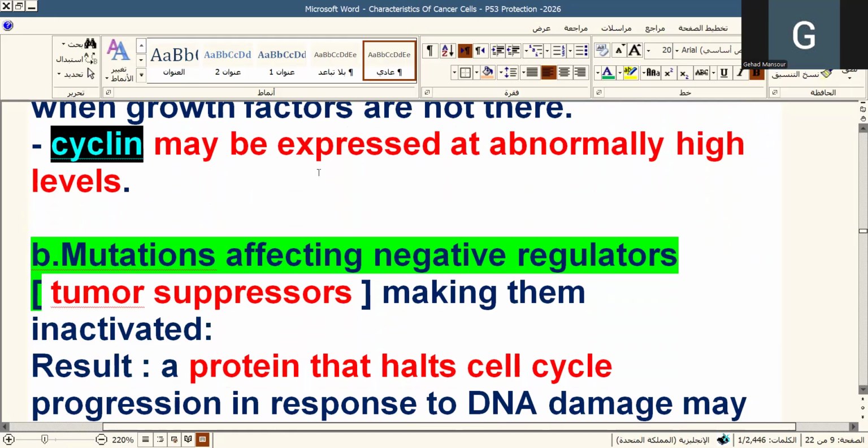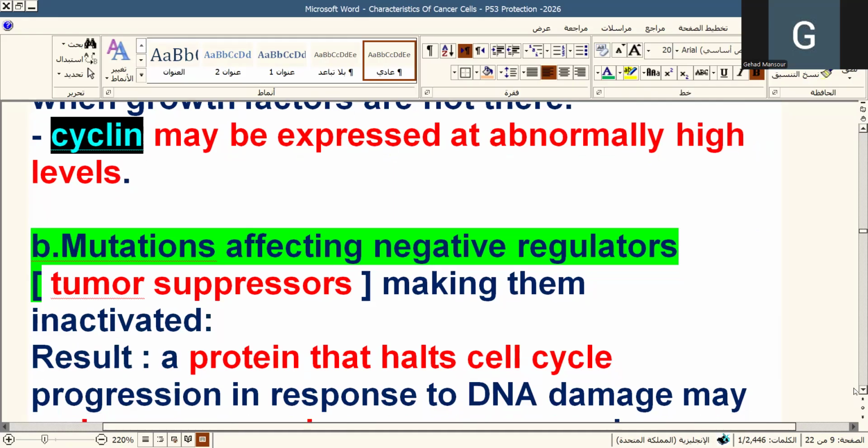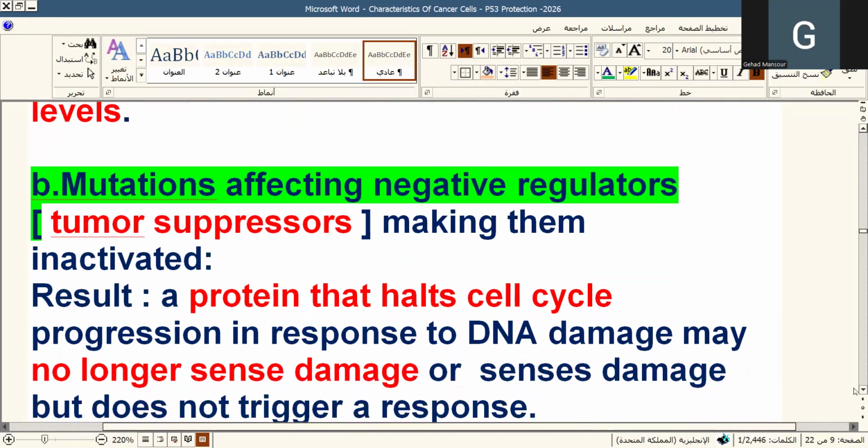So if cyclin is overexpressed, sometimes it results in inhibition, as we will see in a deeper discussion, but it might also result in a rapid rate of cell division and cancer because the gene that codes for cyclin has been mutated and becomes overactive.